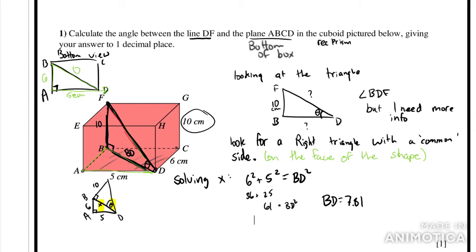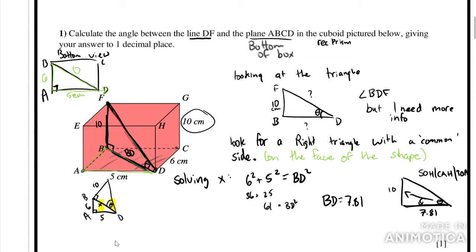So now I have the triangle with theta. This is 10, and I've solved for this side here, so it's 7.81. Again, I'm looking at my SOHCAHTOA, and I see that I have an opposite and I have an adjacent here.